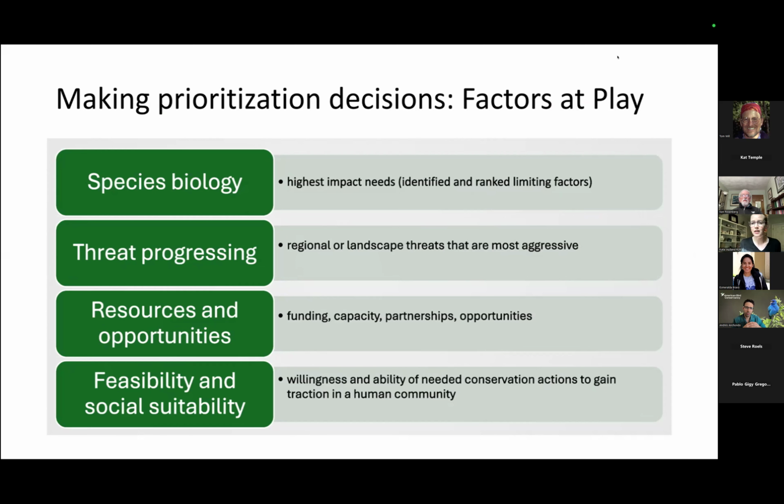So we move forward. I think always around the wheel, the goal is this adaptive conservation planning, in that I don't think we have the luxury with many of these species of waiting. And so how do we make the decisions, right? Like I said, where's that bar of certainty?